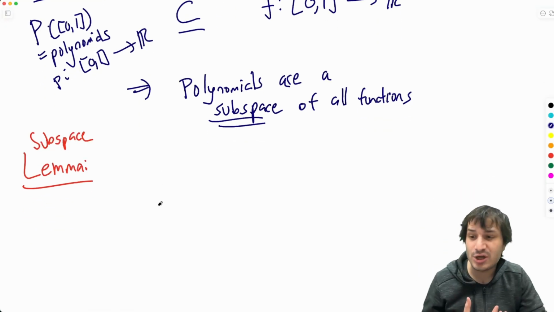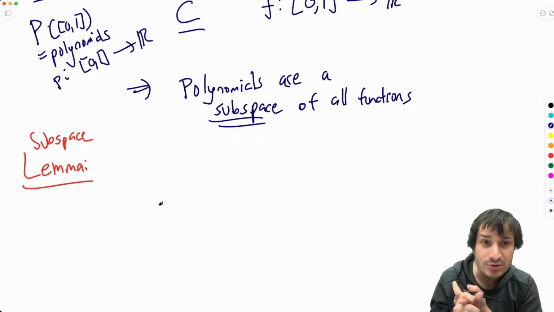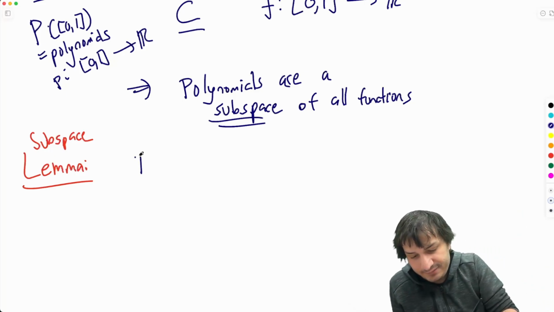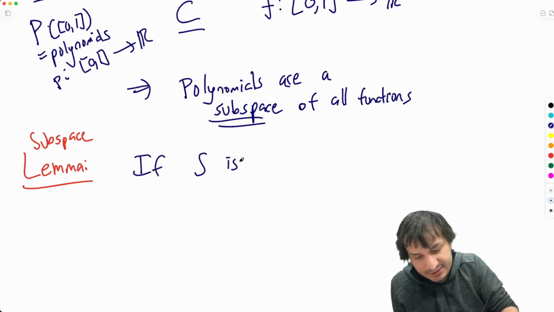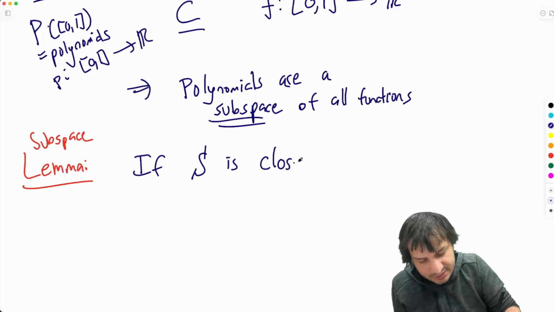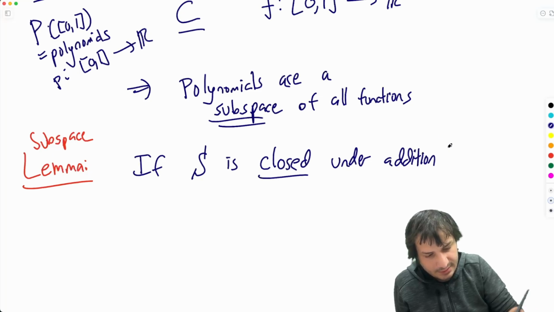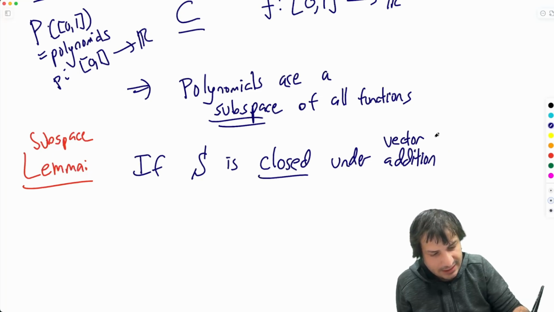And the only things you have to check are that the subspace is closed under addition and multiplication. So if S is closed under vector addition and scalar multiplication.